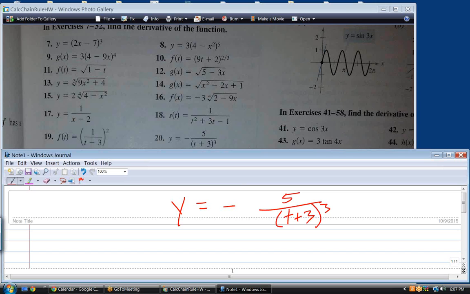What's the first thing you want to do here? Bring the thing on the bottom to the top. Yeah, let's write it without a denominator. There's no reason to use the quotient rule if you don't have to.